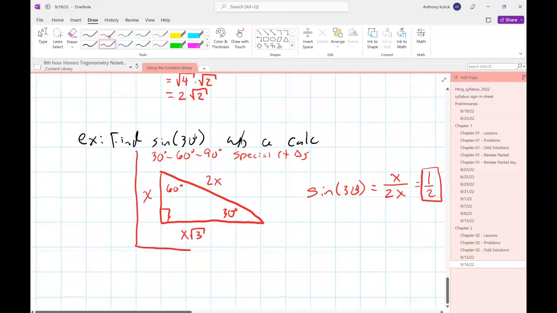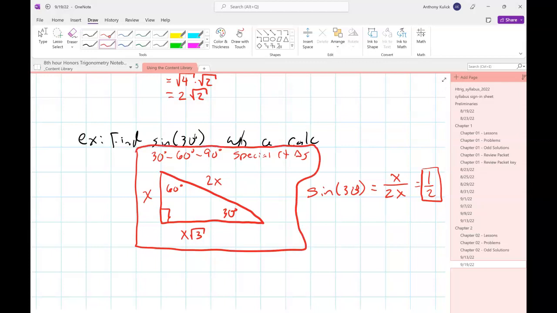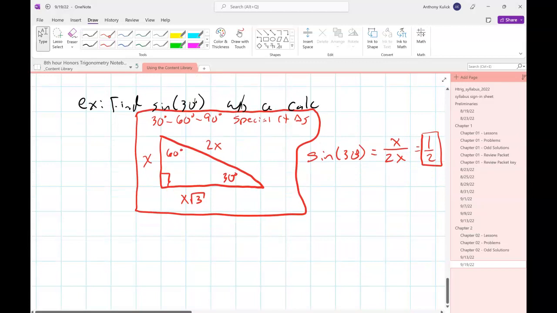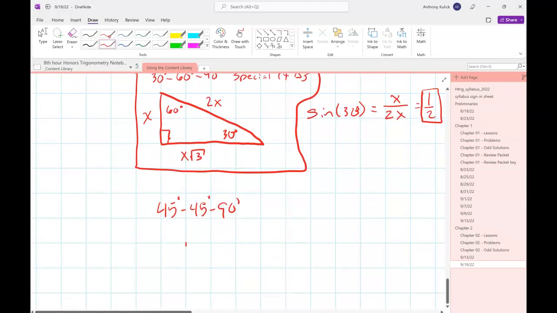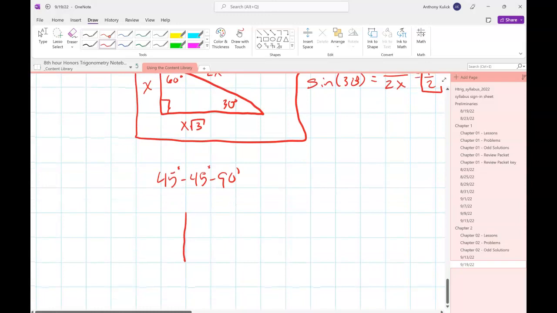All right, Mr. Kulik, this 30, 60, 90 triangle business, is that something I should remember? Yeah, it'll become quite useful in about one more lecture. Speaking of special right triangles, was that the only one? No, there was another one, the 45, 45, 90. What were the ratio of side lengths there?